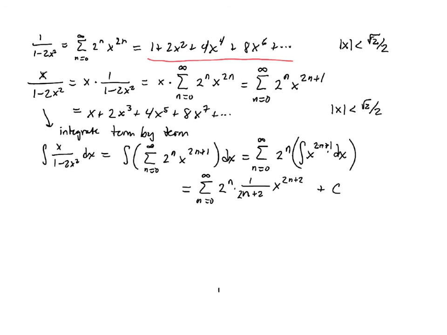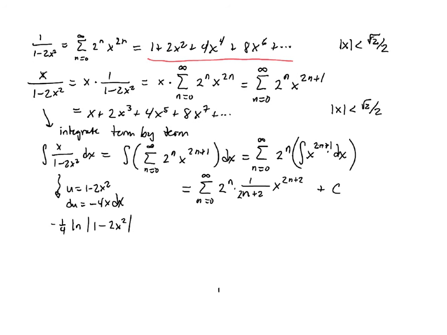Now, a particular antiderivative for this function you can get by doing a u substitution. So u equals 1 minus 2x squared, du equals minus 4x dx. And when you do that substitution and calculate the antiderivative, you find that a specific antiderivative here is minus 1/4 ln absolute value of 1 minus 2x squared.